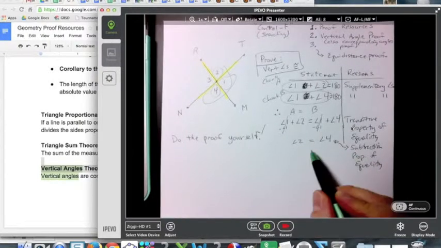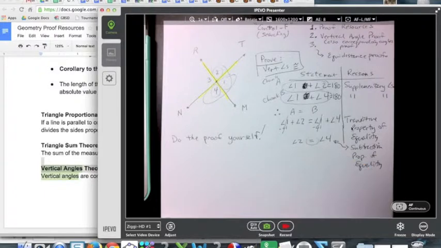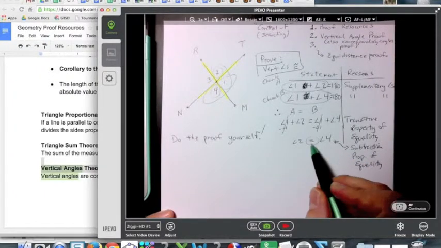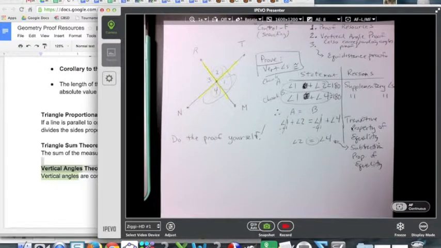Now notice we have an equal sign. We don't have a congruent. We're trying to get to congruency. The difference between angles equaling each other and being congruent is a stiffer requirement. With congruent, you're talking about size and shape. When you're talking about equals, you're really just talking about the size, the number, the degrees.